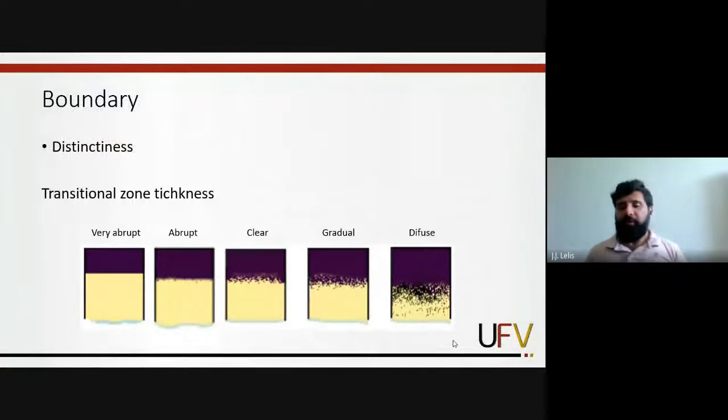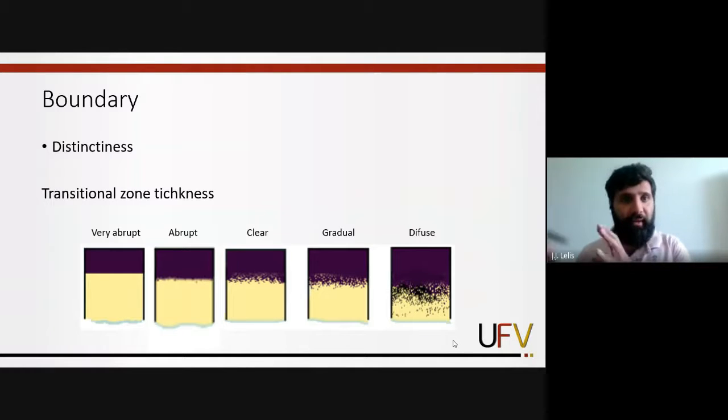Okay. So in the last class, we discussed some topics about soil description, like color and redoximorphic features, like iron and manganese concretions, pyrite concentration and depletion, and how they change the soil color and what they mean.